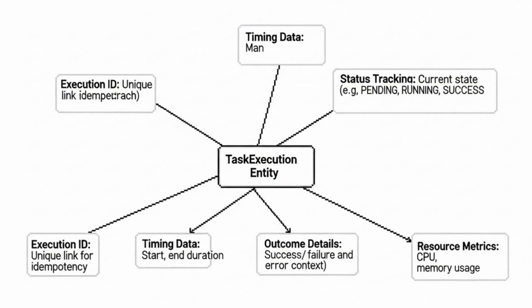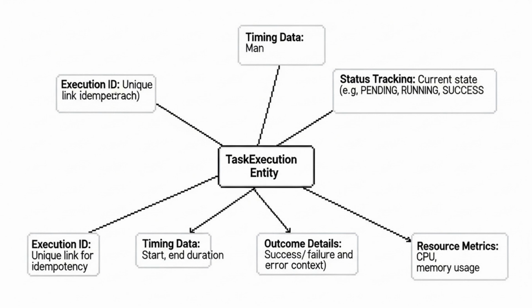To solve these problems, we introduce the task execution entity. Think of it as the flight recorder for every single task running in your distributed system, capturing every critical detail from start to finish. This permanent record is crucial for auditing, monitoring, and debugging. Let's break down its key components.